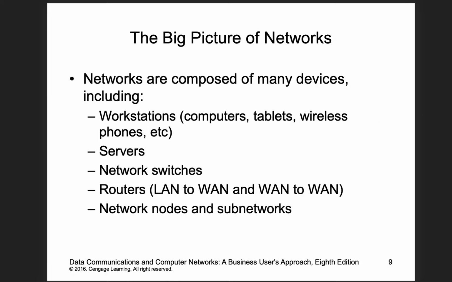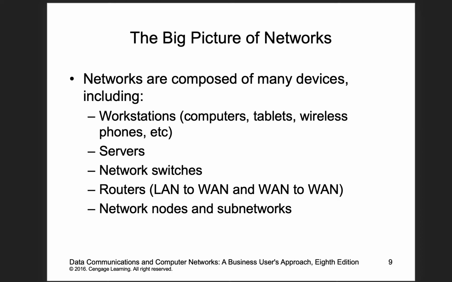For the big picture, to summarize it, we have the workstation, the PC, your tablet, your mobile, being connected to the server, and from there to the network switches, so that it could be routed, okay, from LAN to WAN to WAN, right?